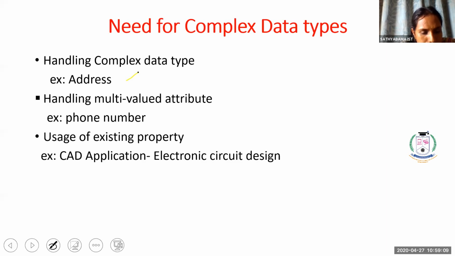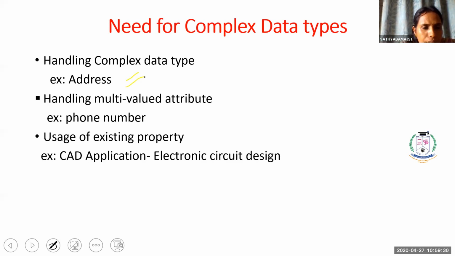So when you have the relational data model, all these columns we have to specify separately. Then only will they act as atomic values. Otherwise, it will produce an error. But if you are having the object-oriented model, we are able to handle this address as a single column.